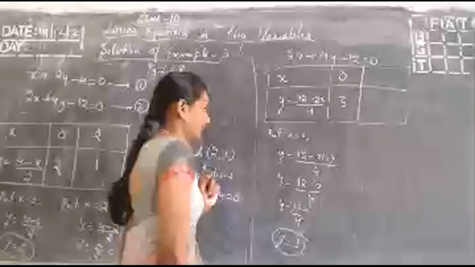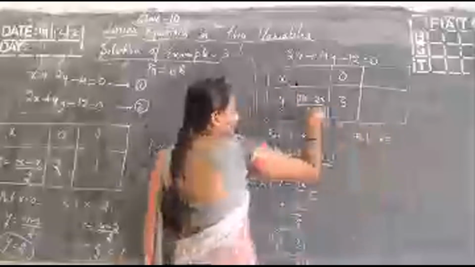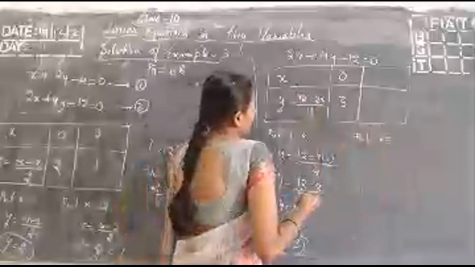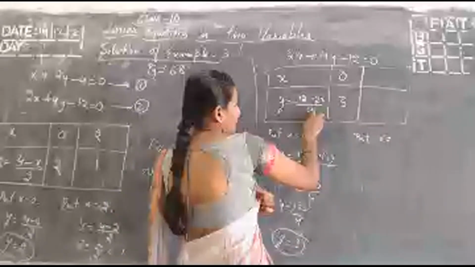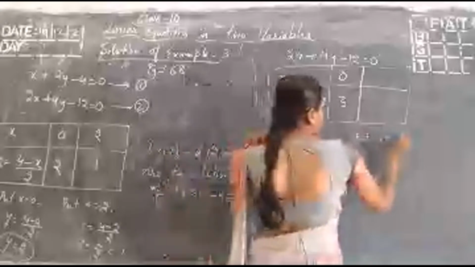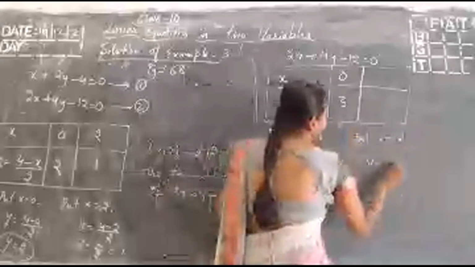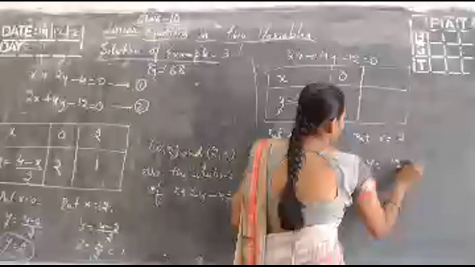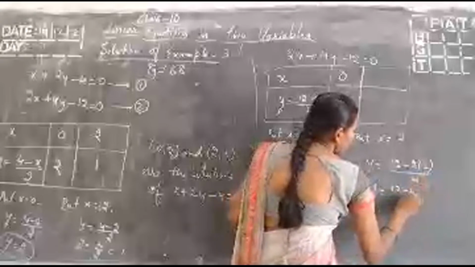Next, which value will you take? Any value. Take 1, or take 2. Take x is equal to 2. y is equal to 12 minus 2 into 2, divided by 4. y is equal to 12 minus 4 by 4.